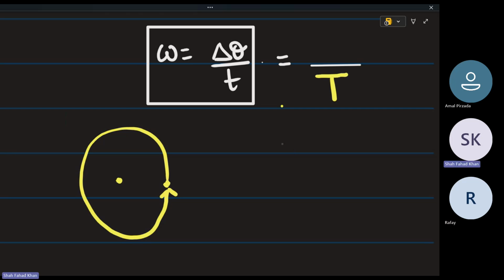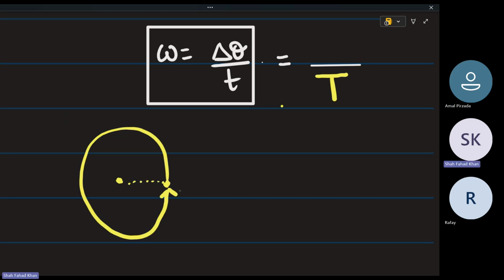Because this is a time period, what's the angle that an object covers when it completes one cycle? 360 degrees. What if we convert that into radians? 2 pi radians, exactly.